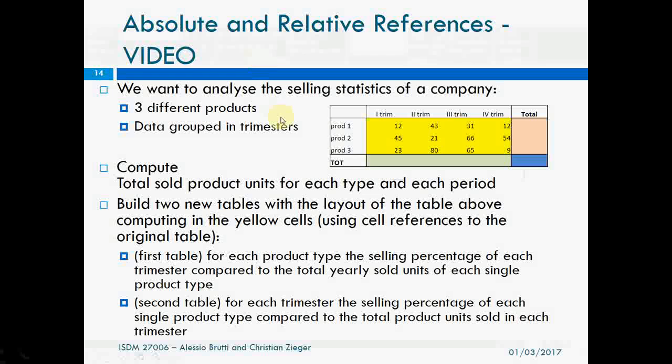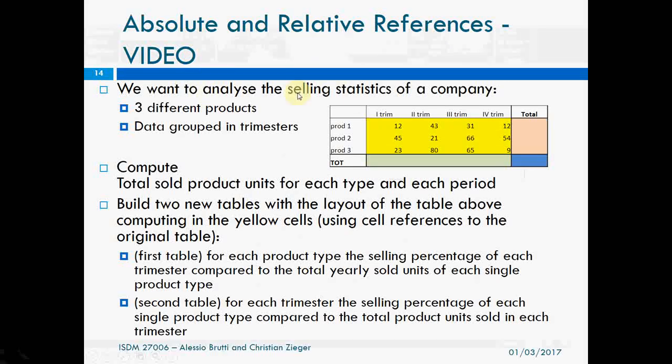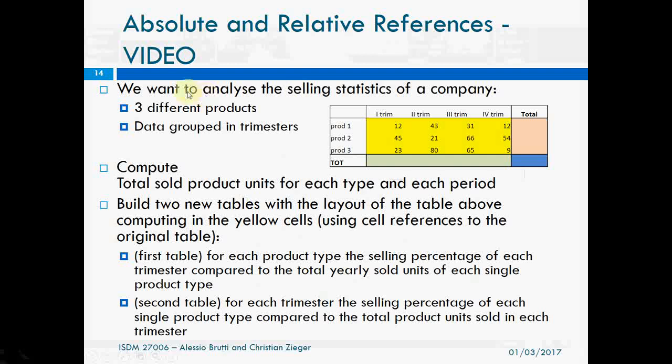This slide deals with absolute and relative references. So we have an exercise about this topic. We want to analyze the selling statistics of a company. Here we have a table.